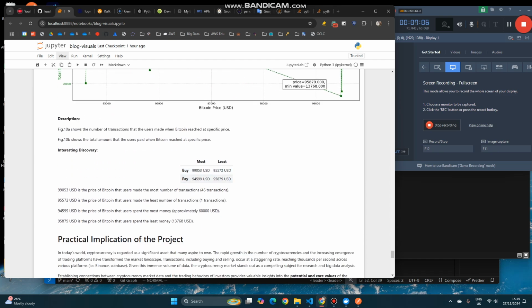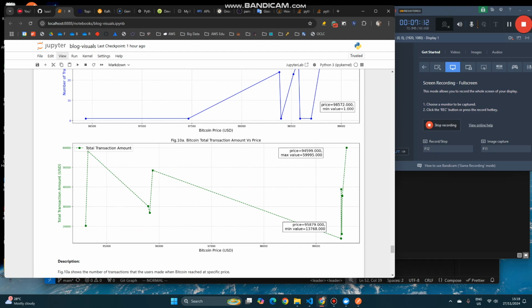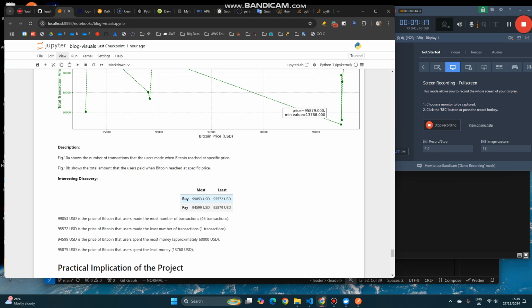So at 99,000 USD, the user makes the most transactions, 46 transactions, and at $95,000, the user makes the least transactions, which means one transaction.